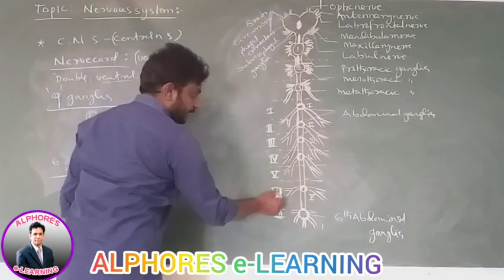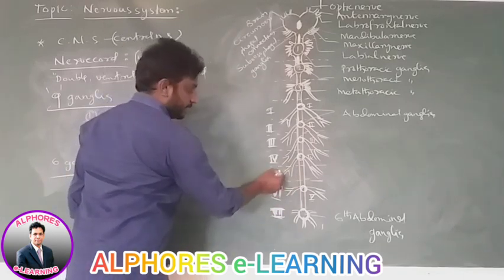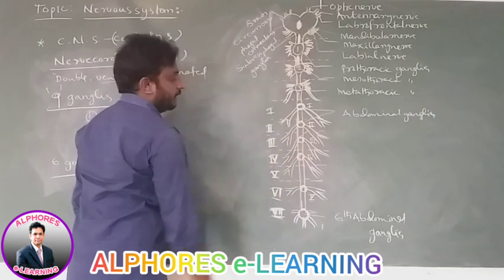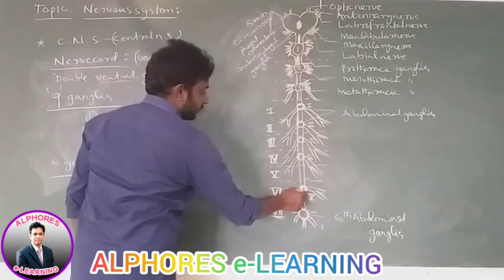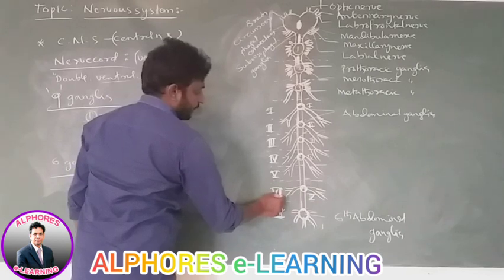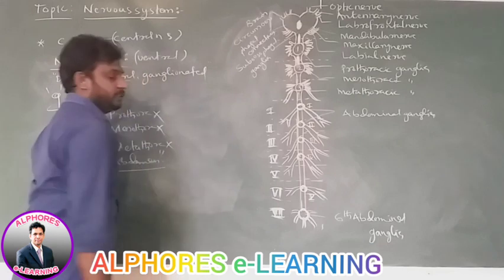It is present in the sixth segment. That means the fifth segment is without any ganglia, and the fifth ganglia is located in the sixth segment. Then the sixth ganglia is located in the seventh segment.